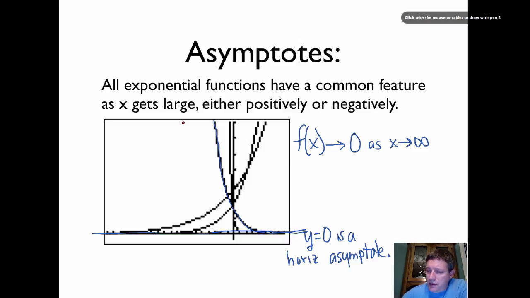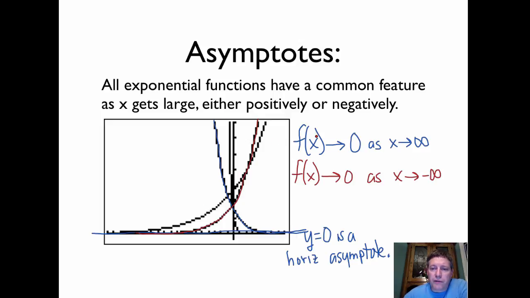On the other side, as we look at the decreasing functions, now we have to think a little differently because this is not the normal way we travel or analyze functions. But if x were to travel in this direction, notice that the output values would again be heading towards 0, heading toward the x-axis. So for decreasing functions, the function will be heading towards 0 as x approaches negative infinity.